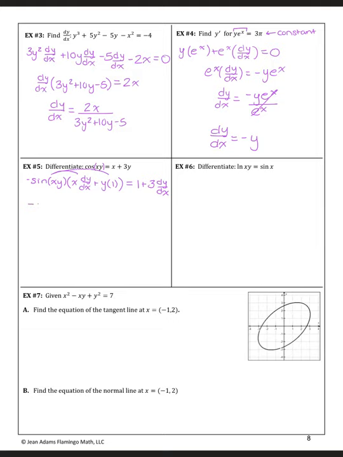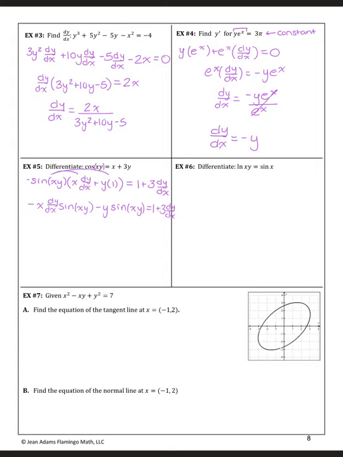So you get negative x sine of xy dy/dx, there's a dy/dx in there, minus y sine of xy is equal to 1 plus 3 dy/dx.